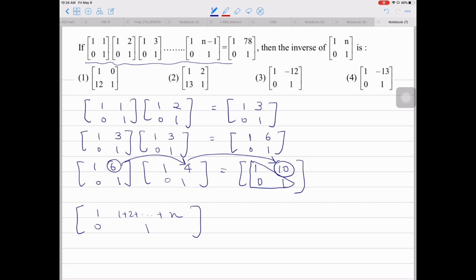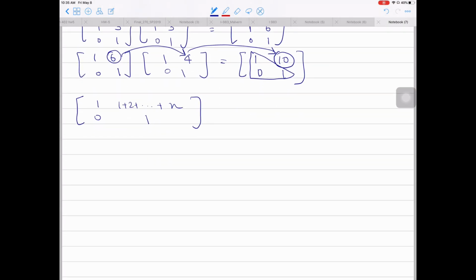This should be the product of all these matrices, but we know that we only go till the matrix n minus 1. So here we would have this thing, and this matrix is equal to [1 78; 0 1], which means that the sum of these numbers is equal to 78.